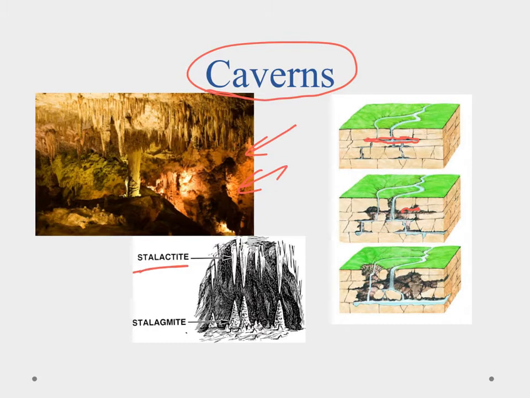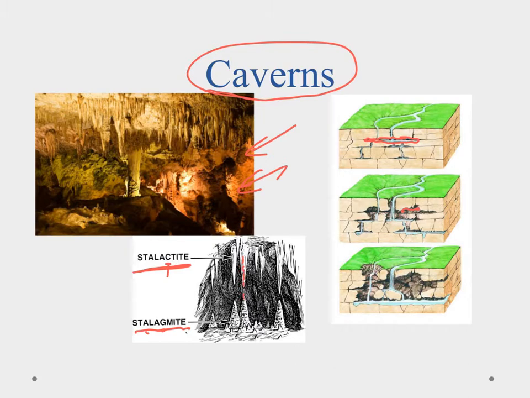Now, within the caverns, we'll see a couple of different things. You'll see that we have stalactites. The C in stalactite tells us that it grows on the ceiling, so these are the ones that are hanging. And then we have stalagmites. The G stands for ground, and that's where it's building up from. Normally, we'll have a stalactite and a stalagmite right below it, and the way they form is as the water comes through, it evaporates a little bit and leaves these minerals behind.